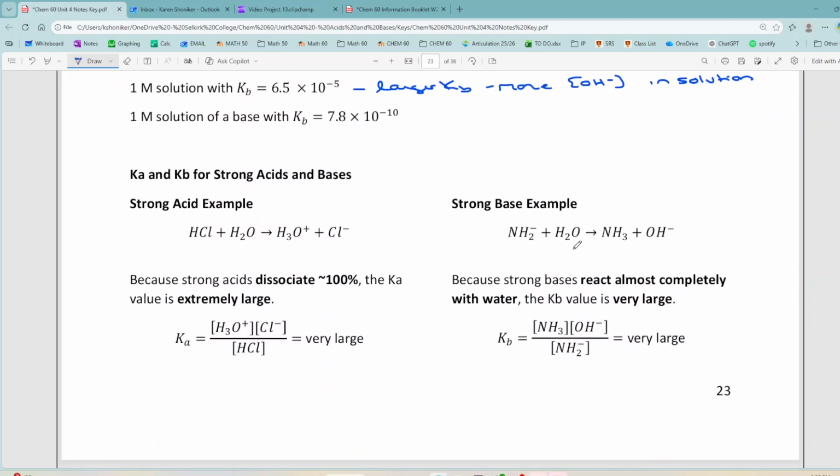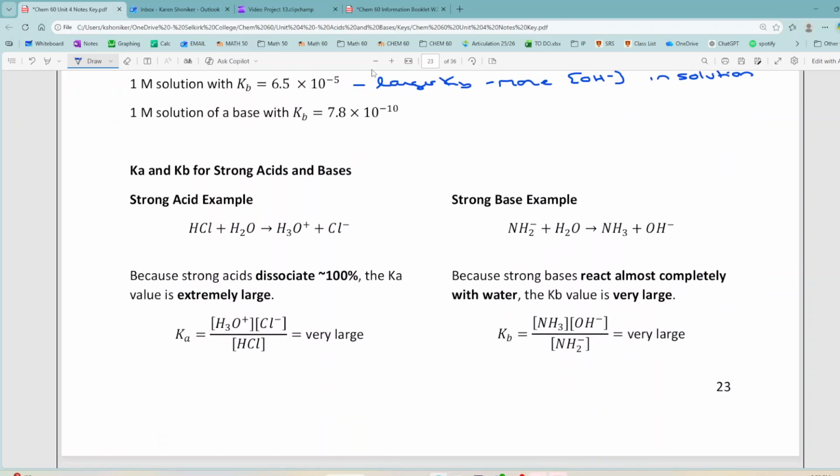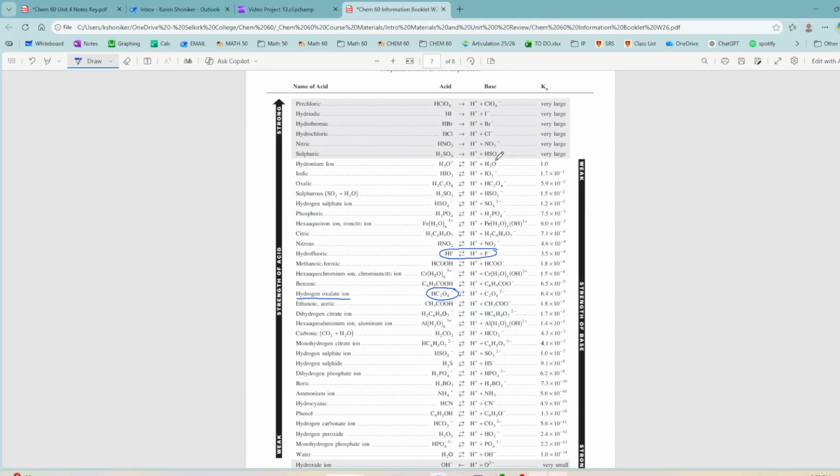Okay. So just a comparison, when you're looking at the chart, what I want you to notice is that all of your weak acids have a Ka value. We'll talk about Kb in a bit, but all of my weak acids have a Ka, and all of my strong acids, they just say very large. And down here, it just says very small. So what does that mean?